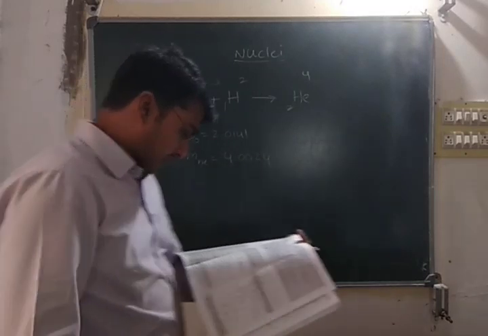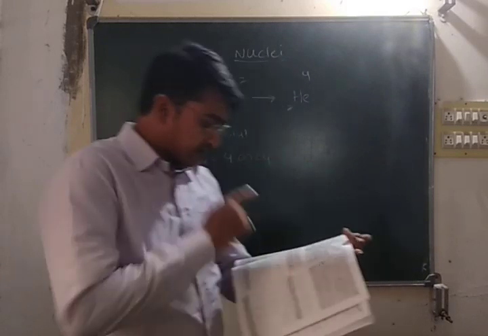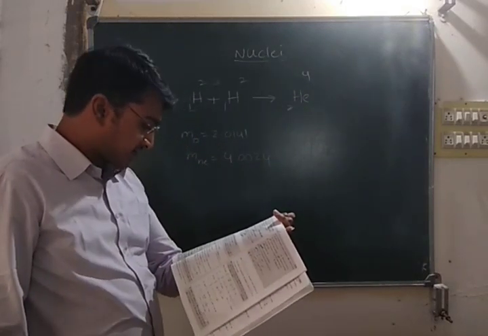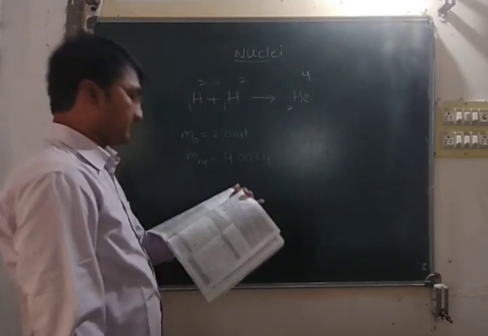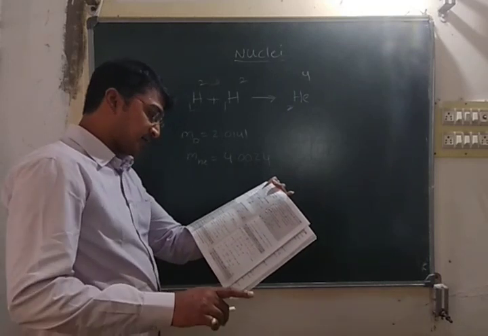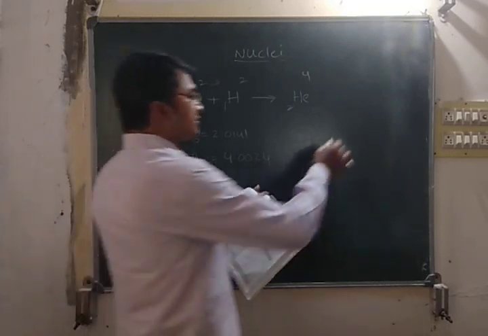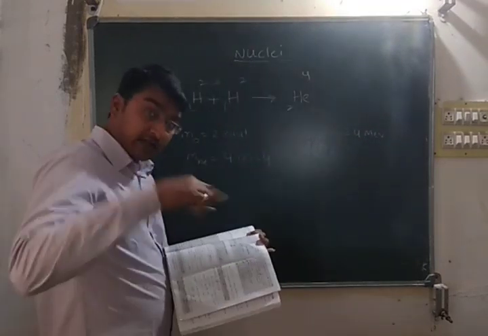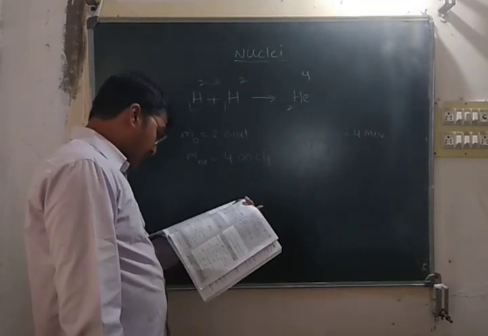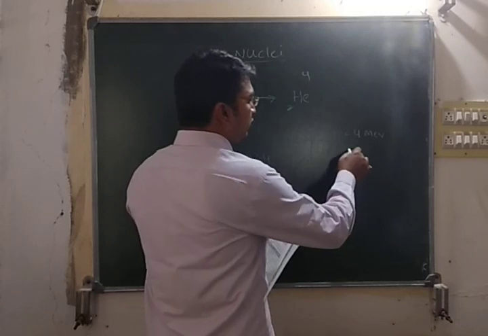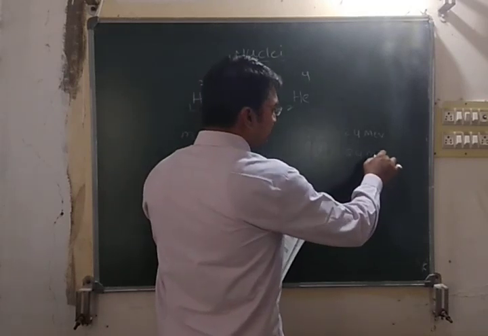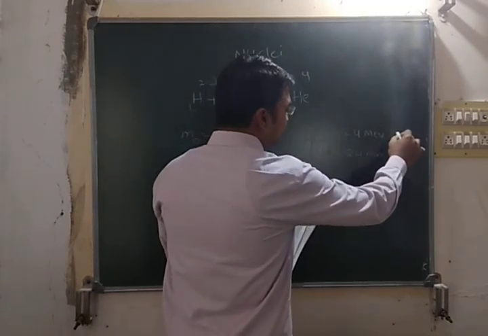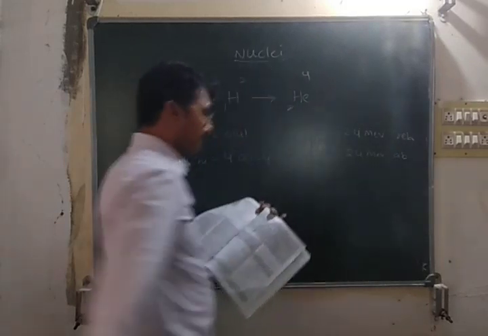So the options: fusion reaction releasing energy of 24 mega electron volts, releasing energy in a fusion reaction only, but 24 mega electron volts is absorbed or released.